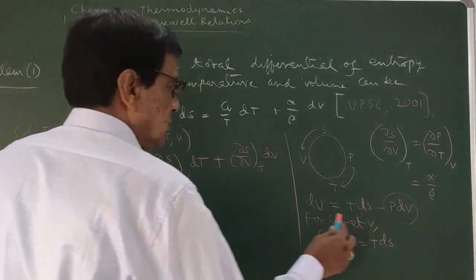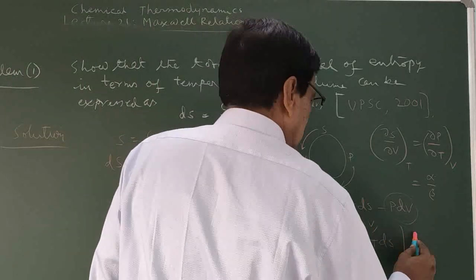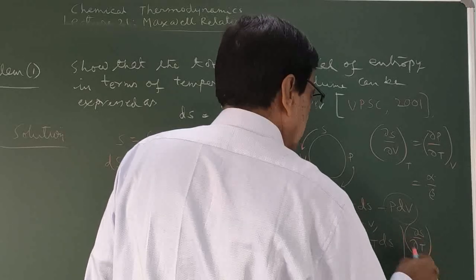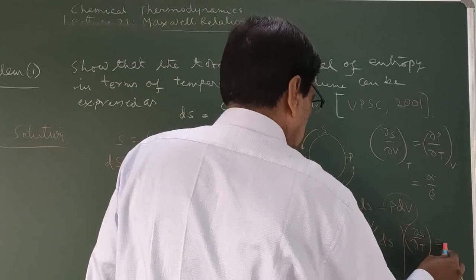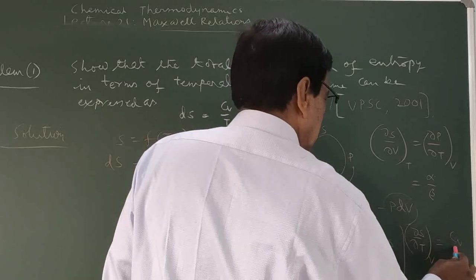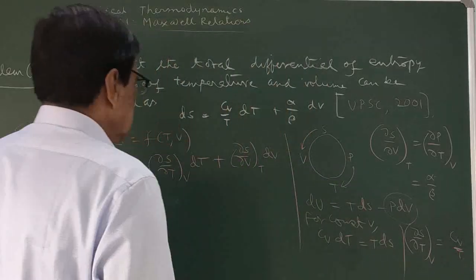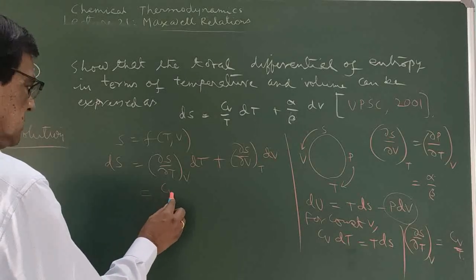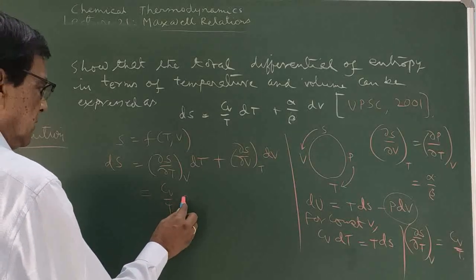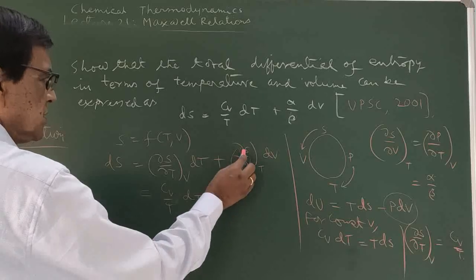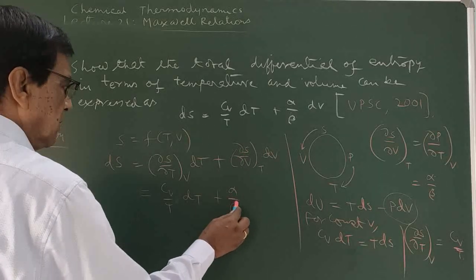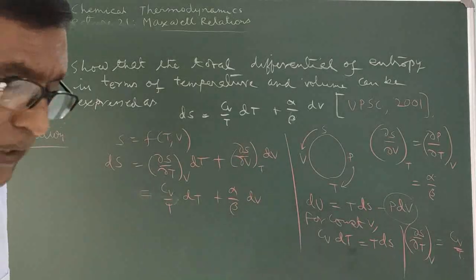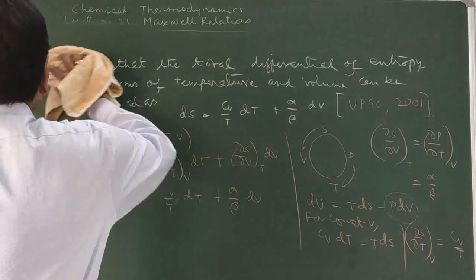So del S by del T at constant volume equal to Cv by T. So instead of this one, I can write Cv by T into dT, and instead of this one, alpha by beta into dV.